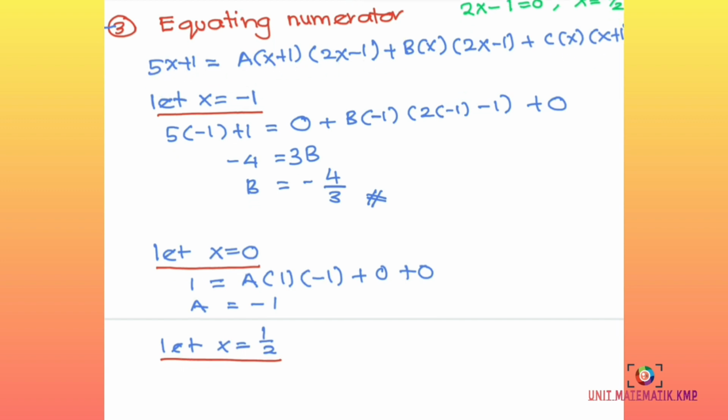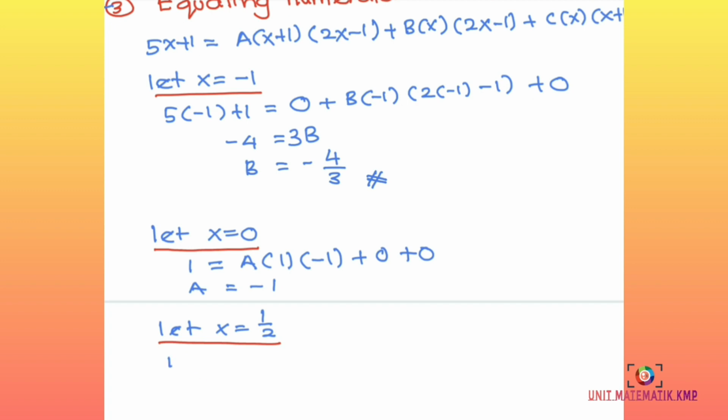We will have 5 times 1 over 2 plus 1 is equal to, if we substitute x with 1 over 2, a is 0, so plus 0, b is 0, so plus 0, and plus c times 1 over 2 times (1 over 2 plus 1).